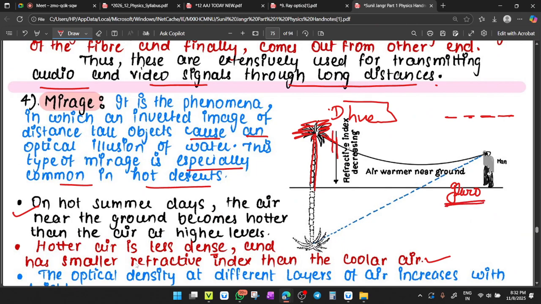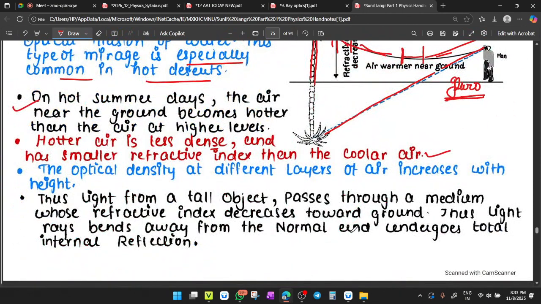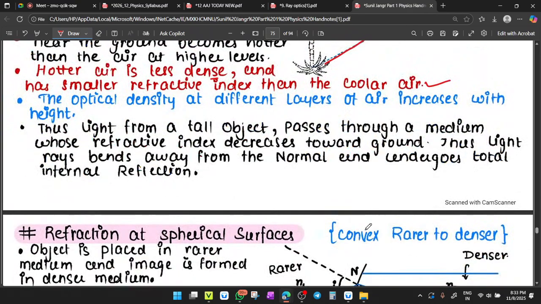So on going from denser medium to rarer medium, at some place there will be total internal reflection, and the light ray will be reflected, and the observer will find a virtual image of the object as a result of total internal reflection. Thus, the light ray bends away from the normal and undergoes total internal reflection. Clear?